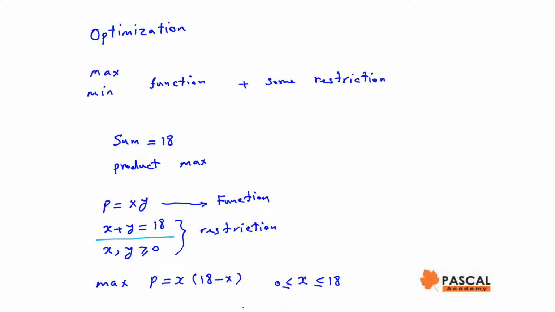Therefore, p is x times (18 minus x). Since x and y both are greater or equal than 0, x must be between 0 and 18. So we deal with maximizing a function on a closed interval. Use the derivative to find the maximum.